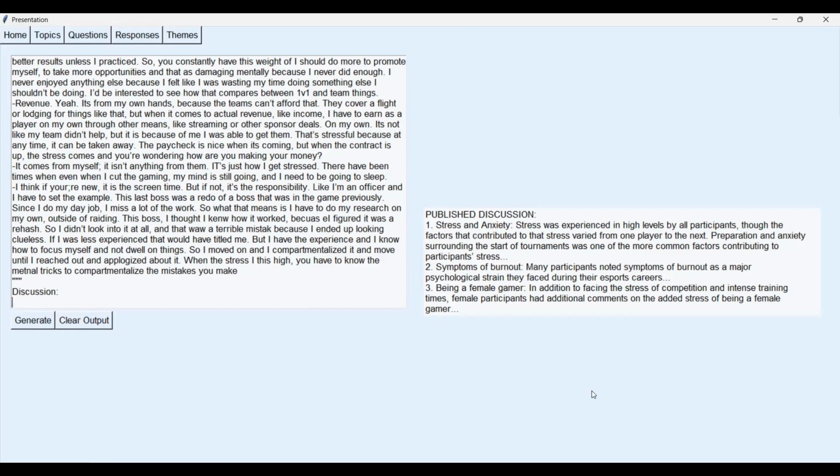But again, just looking at themes and discussion are not the only things that we're interested in. What if we have a potential vague area of research that we're interested in, and could we use a large language model to essentially run a quick synthetic study to see what kind of results we might expect to end up with?